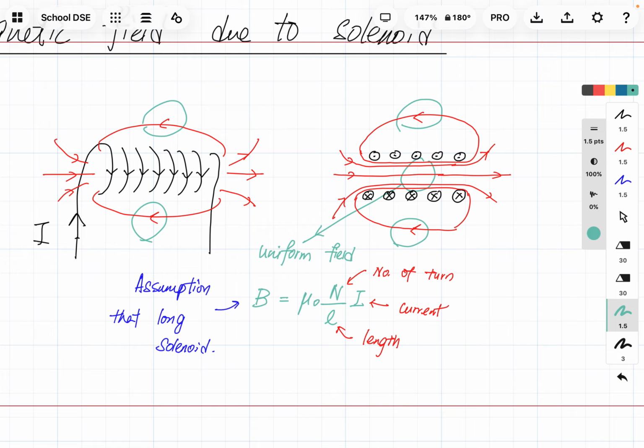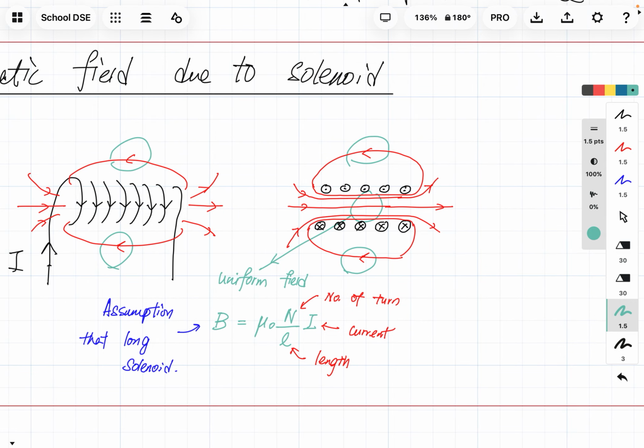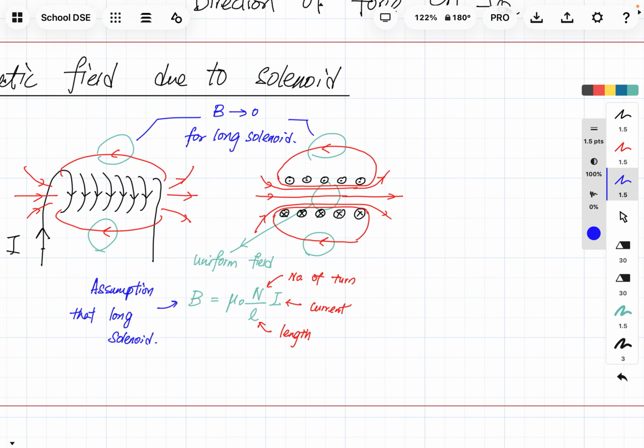So for example, let's say I have a solenoid with current going in this direction, and then you have another solenoid with the current going in the opposite direction, and suppose that they have the same currents and the same number of turns per unit length.